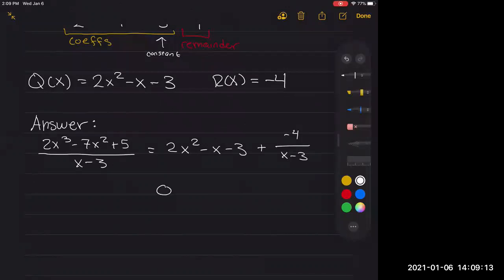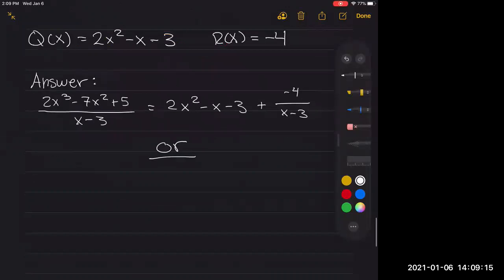Or, because we always have the 2 ways to write it, 2x cubed minus 7x squared plus 5 equals x minus 3 times 2x squared minus x minus 3, all minus 4.